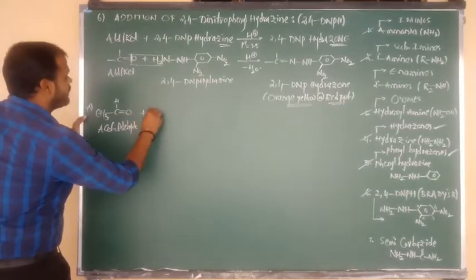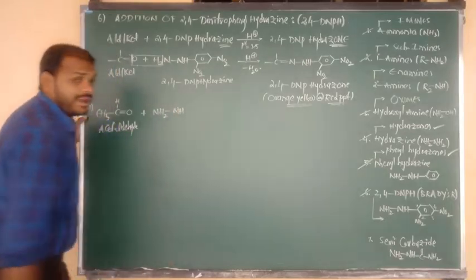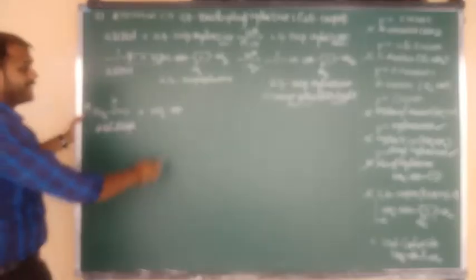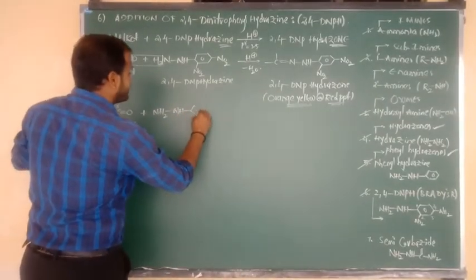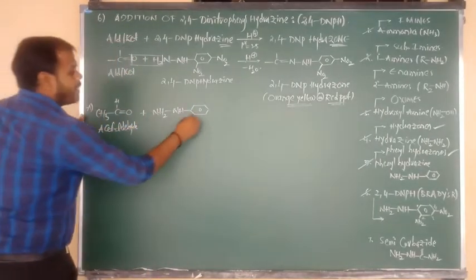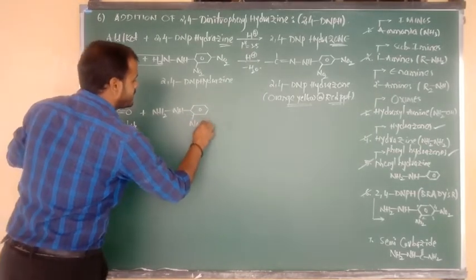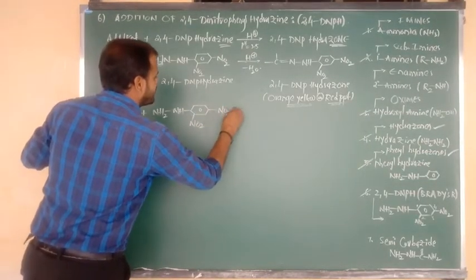I am going to write the formula: NH2 bonded to NH, that means hydrazine. Hydrazine connected to phenyl group, a benzene ring, and upon that the second place is connected to NO2, and the fourth place NO2.